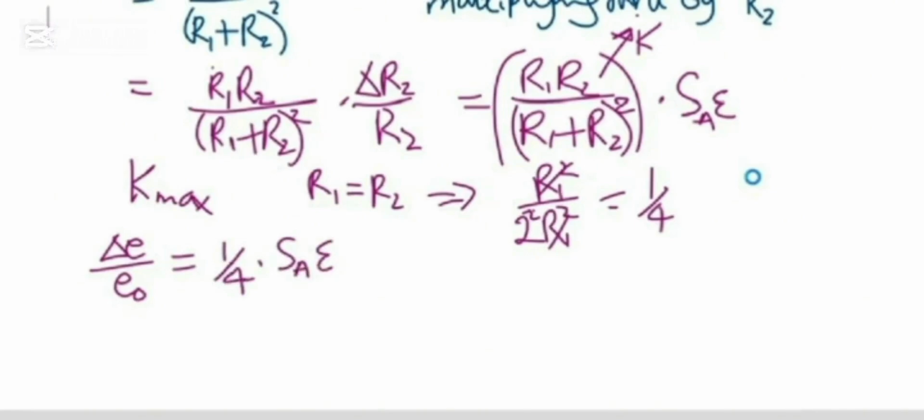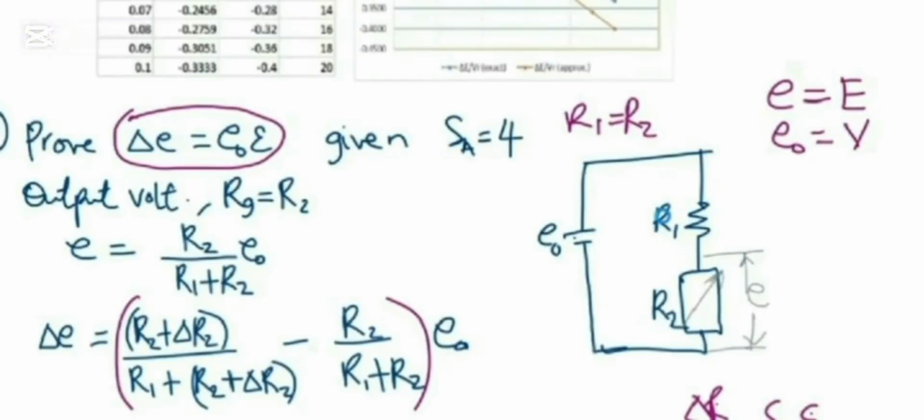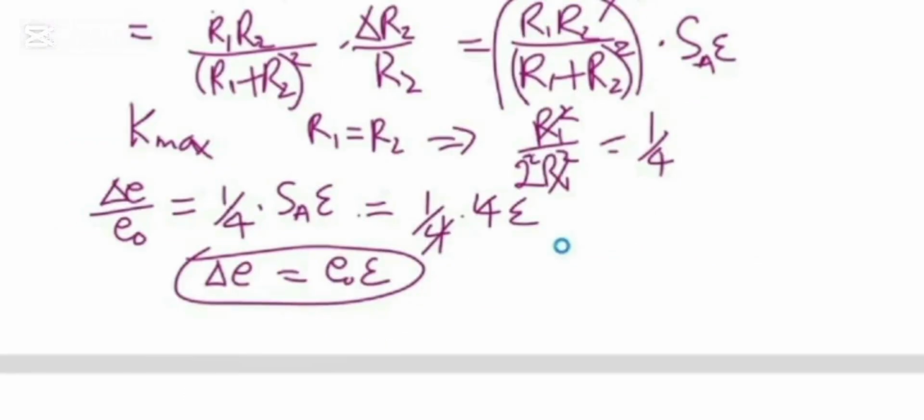Remember, our sensitivity we are given is what? 4. So it's going to be 1 all over 4 multiplied by 4E. And the 4 cancels. So in this case, change in E is equal to input voltage multiplied by E. So here we have proved it. Are we following, class? Are we following?